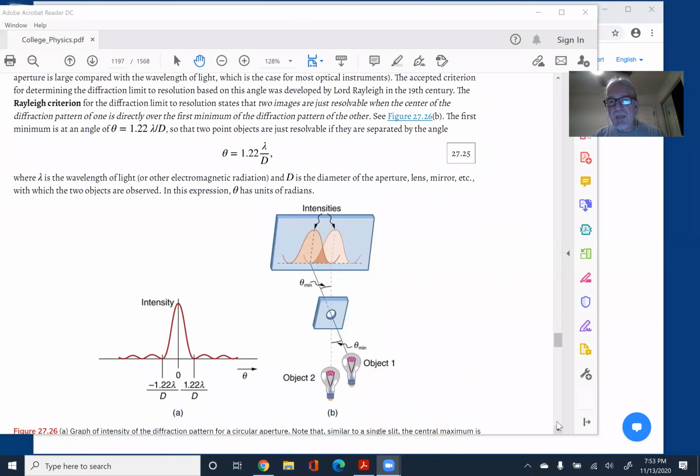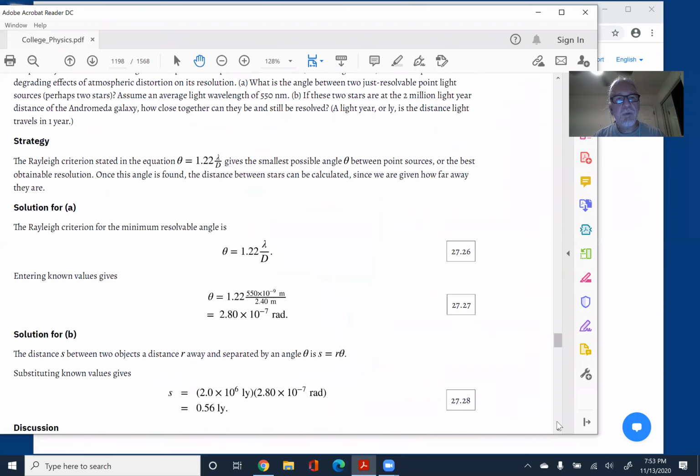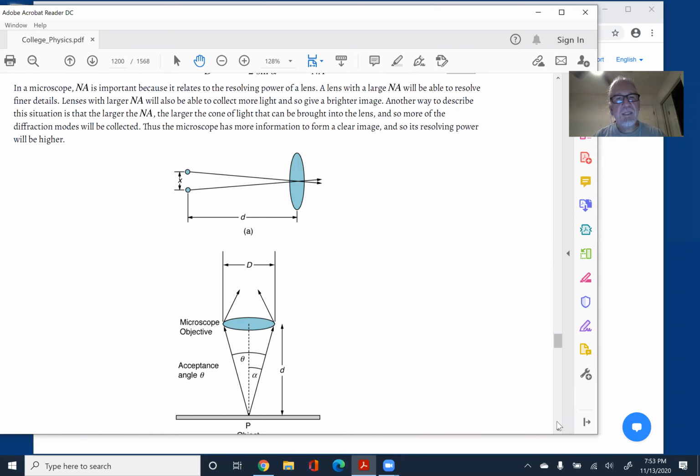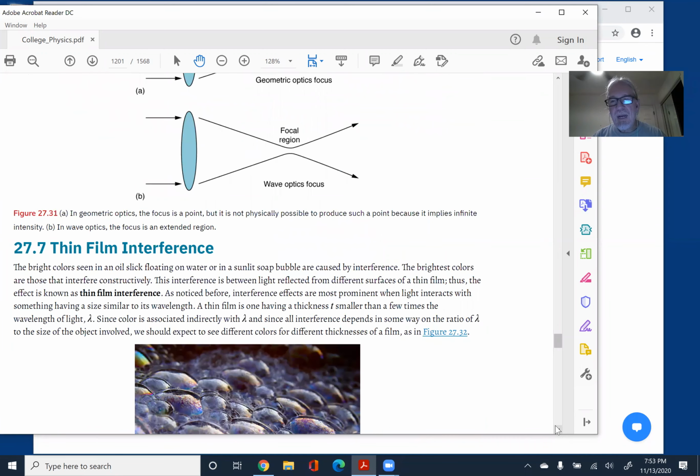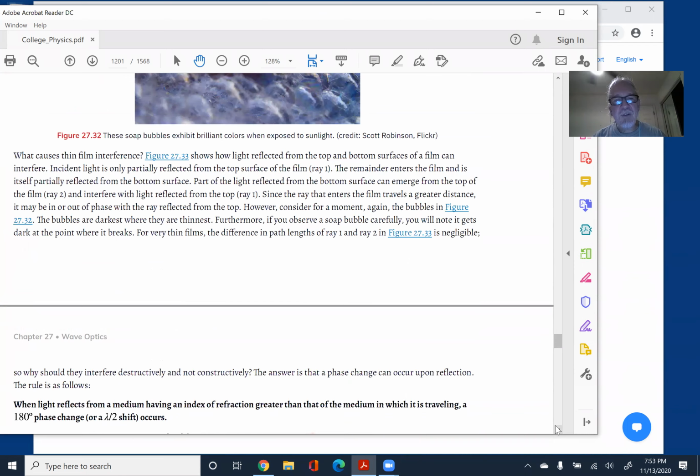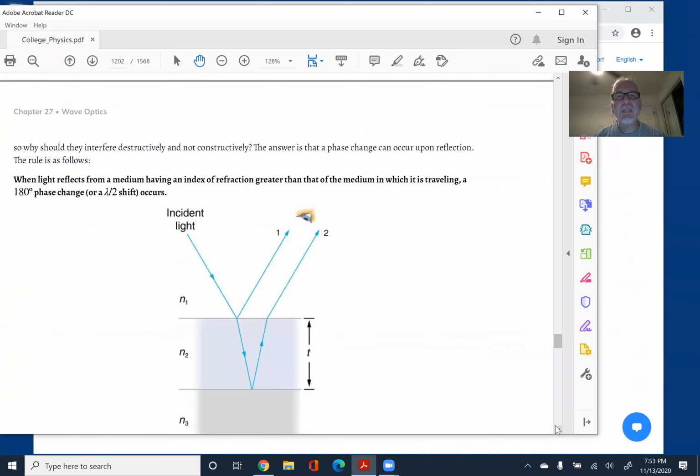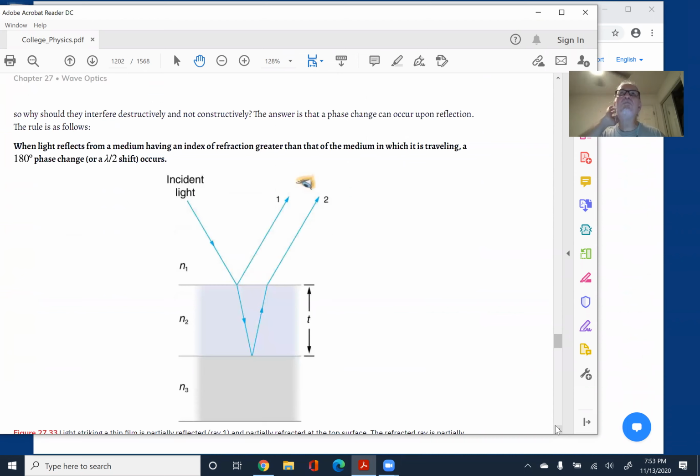So we have two topics left in this chapter. One is thin film interference, and this has some common elements with the two slit interference, except it's a little bit different. What you have now is typically a film made out of some transparent material, can be oil, can be plastic, can be glass, and you have two other media, 1 and 3, above and below that.